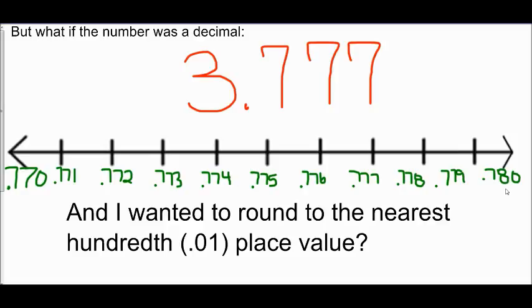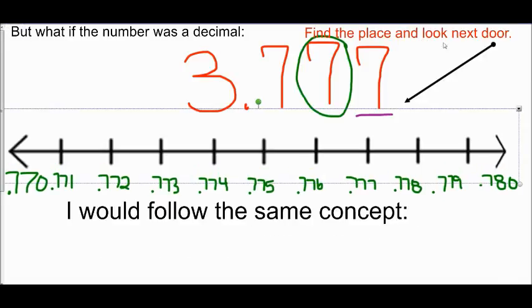It's the same concept. I want to now round it to the hundredths place. So once again, I find the place and look next door. I want to round this number since it's in the hundredths place. I then look at the number next door and I underline it. I'm following the same concept. Here's my number line, just like I had before, and I'm really trying to find out where it is on the number line.